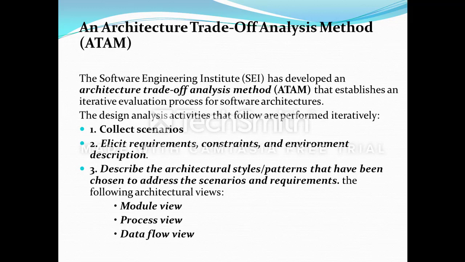Second is the process view, for analysis of performance. Next, the data flow view, which is the analysis of the degree to which the architecture meets functional requirements. So these are the three architectural views in the third activity.